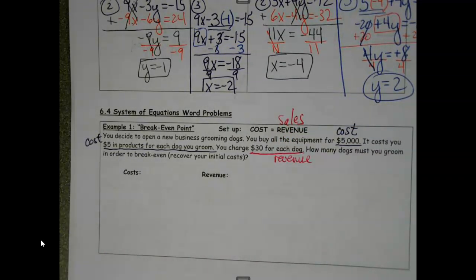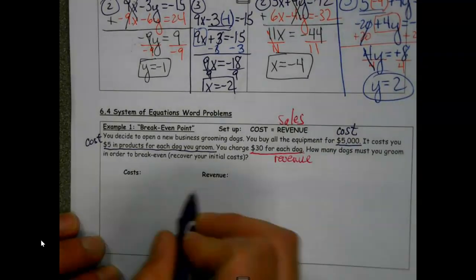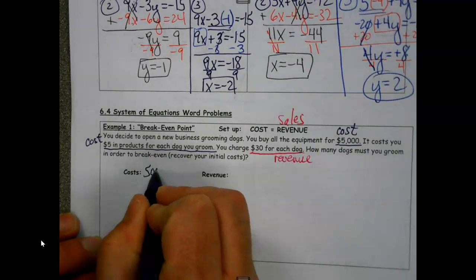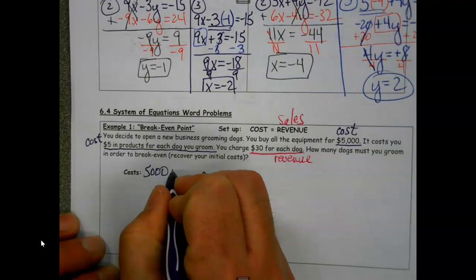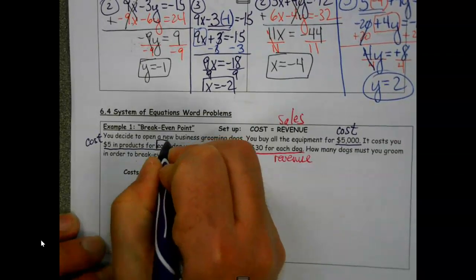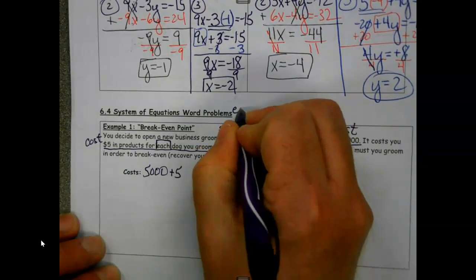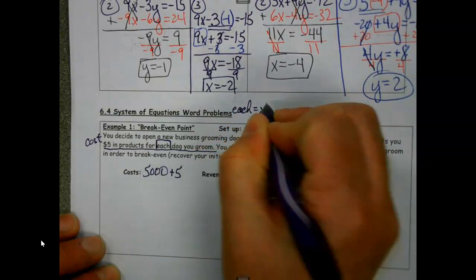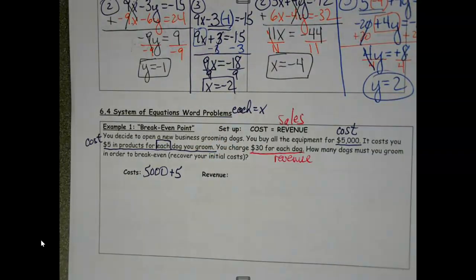So you pay $5,000 up front, and you also pay $5 every time you see the word per or each.